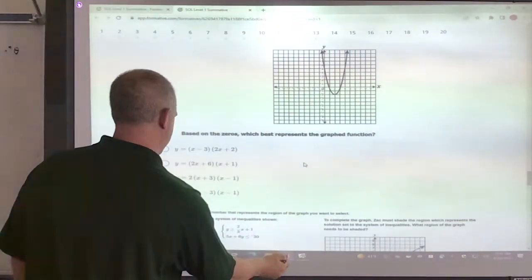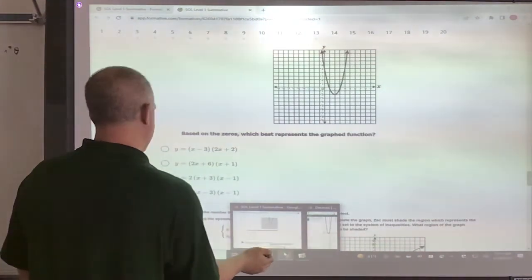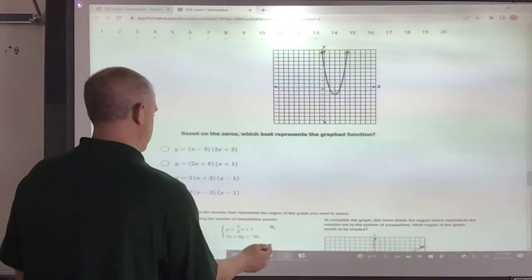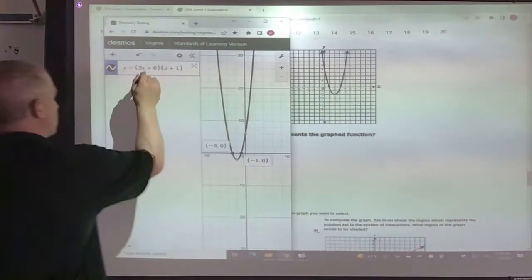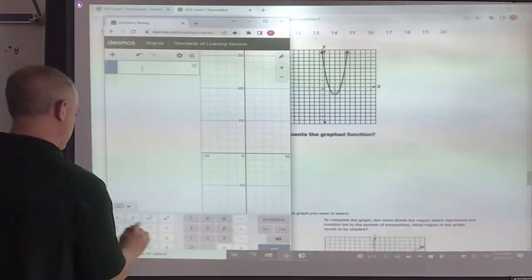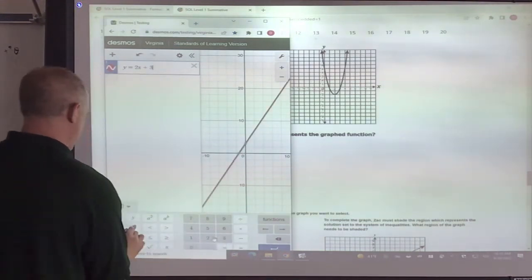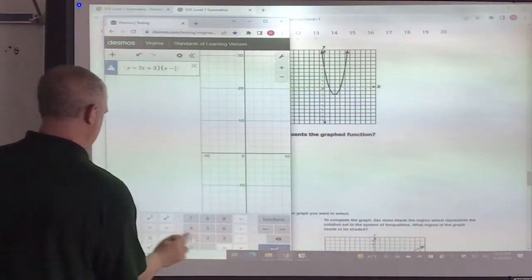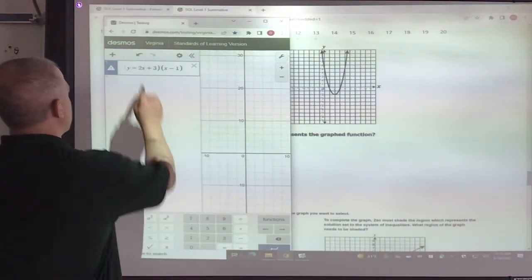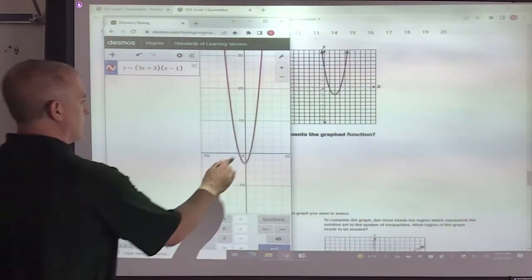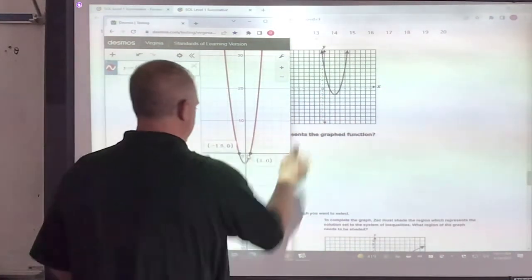Let's put in this one. 2x plus 3 and x minus 1. Once again, that does not cross at the right spot.